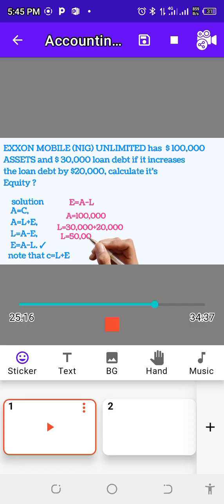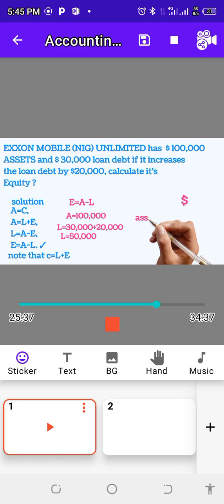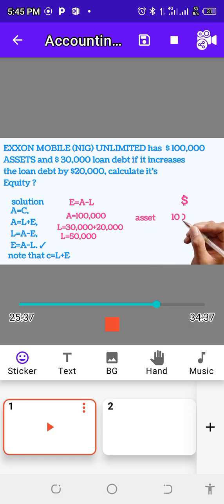And what we do is to minus the loan debt from the assets. Assets is 100,000. Loan debt now becomes 50,000.